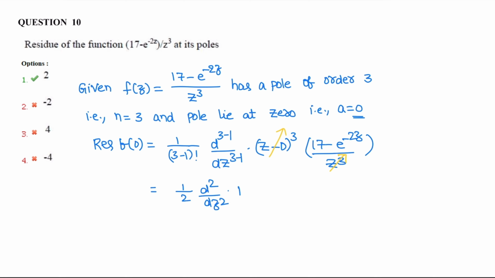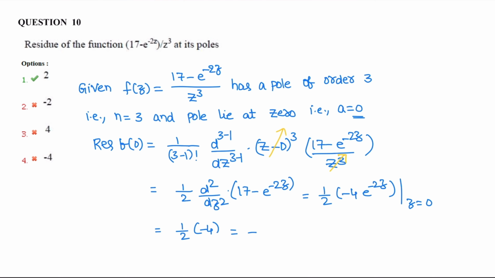Now, differentiating 17 minus e power minus 2z twice gives 1 by 2 into minus 4 e power minus 2z. So we need to calculate its value at z is equal to 0, that is 1 by 2 into minus 4 e power minus 0, and e power minus 0 is 1.